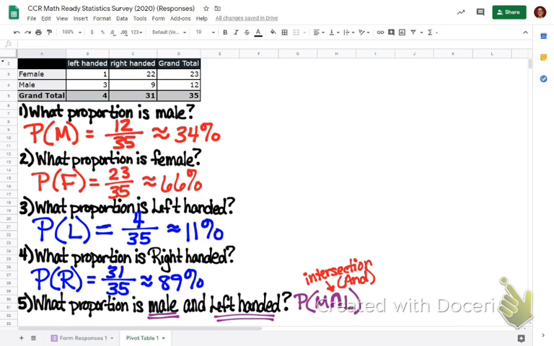The reason that this gets called an intersection is when I look at the table, I'm going to find the row for male, and I'm going to find the column for left-handed, and where those two intersect each other is what I'm looking for. So there were 3 males that identified as being left-handed. And so my proportion is 3 out of 35, which is right about 9%.